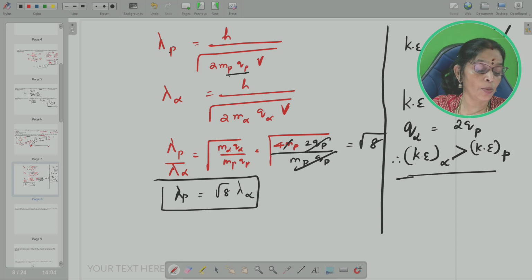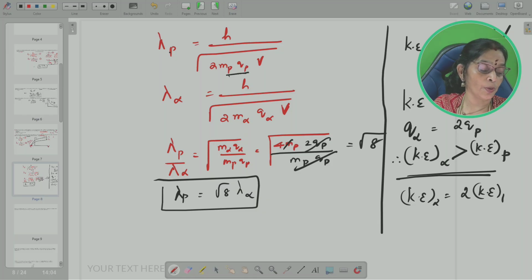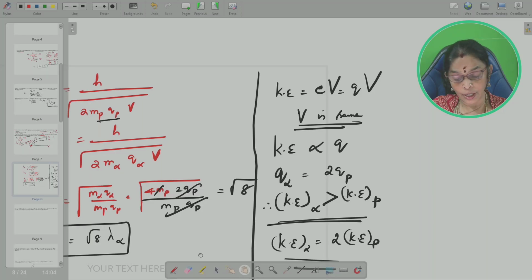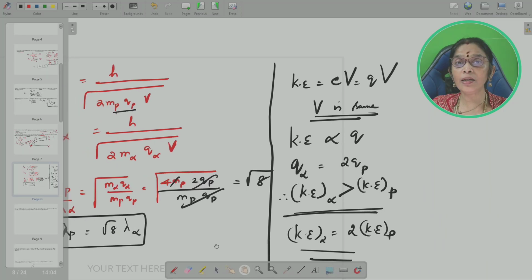How many times greater? 2 times. So, kinetic energy of alpha particle is equal to 2 times the kinetic energy of proton. This is how we need to do this. Okay, children, you got it?